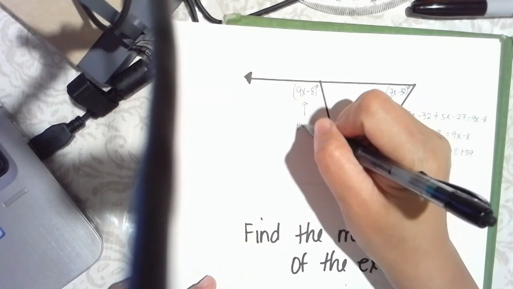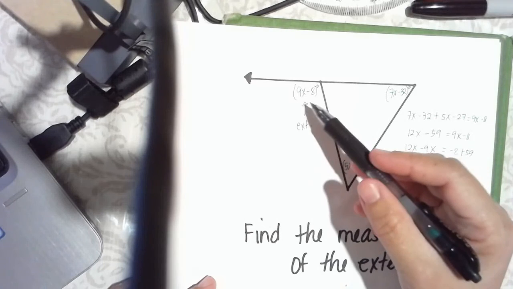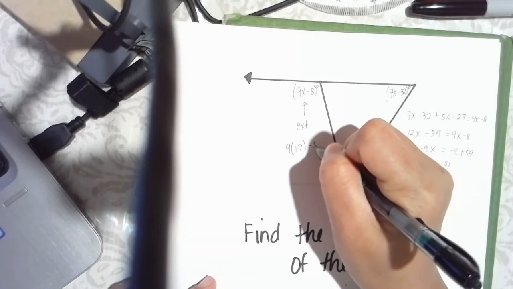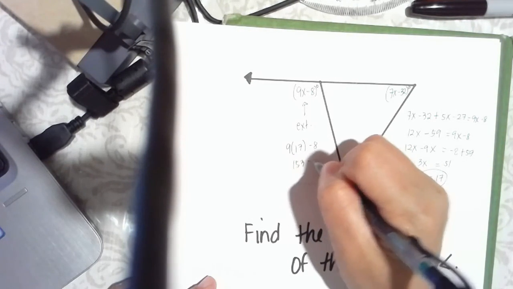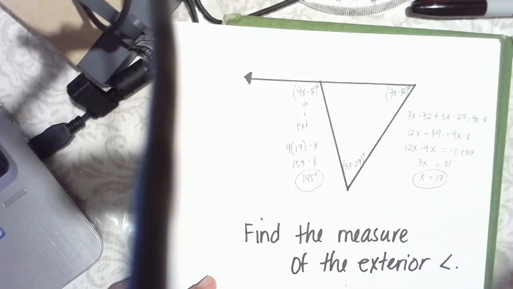This is your exterior angle. So I need to plug in 17 for x here. So 9 times 17 minus 8 is equal to 9 times 17 is 153, minus 8 is equal to 145 degrees. That's it.